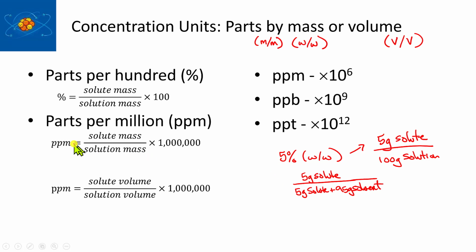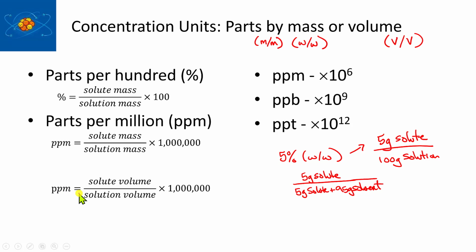Now, parts per million is essentially the same calculation as parts per 100 or percent. It's just that we multiply by a million. So it's assuming if you had 1,000,000 grams of solution, how many grams of solute would you have in that solution? Now, parts per million and parts per 100 can also be expressed as volume percents.